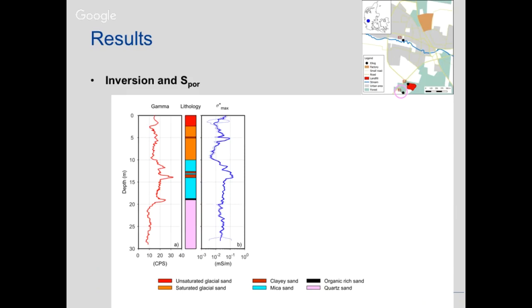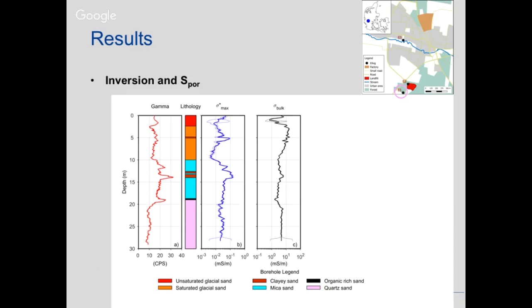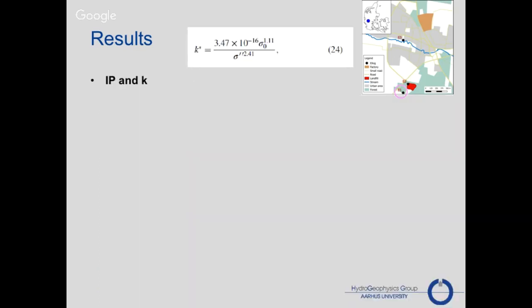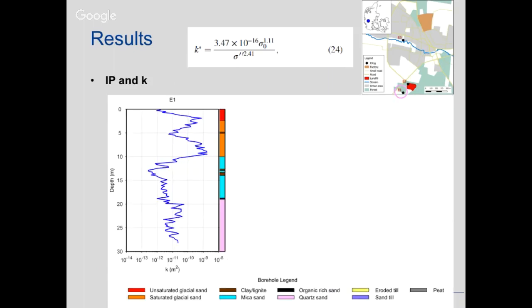This is sigma second max from the inversion, where we also have the error bars from the posterior covariance matrix. Sigma bulk. And then we use this equation and we can compute K. So this would be our estimate for K with error bars. You take the inversion parameters, you compute the equation, you propagate the errors, and you get K.